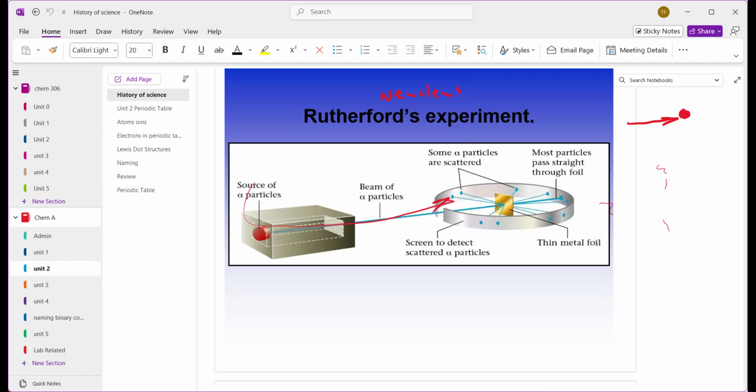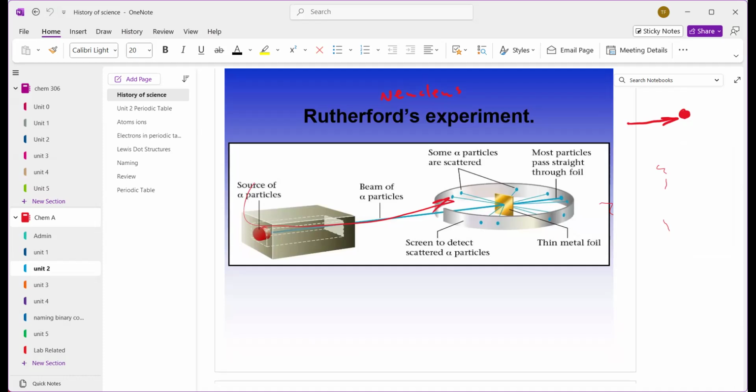He used that as the bullet, and he shot the gold foil, and something weird happened. Everything went through it. Now, with Thomson's model, what would go through it? Nothing. Solid. It bounced off just like a billiard ball. But with his experiment, everything went through it. Yeah, what the heck?